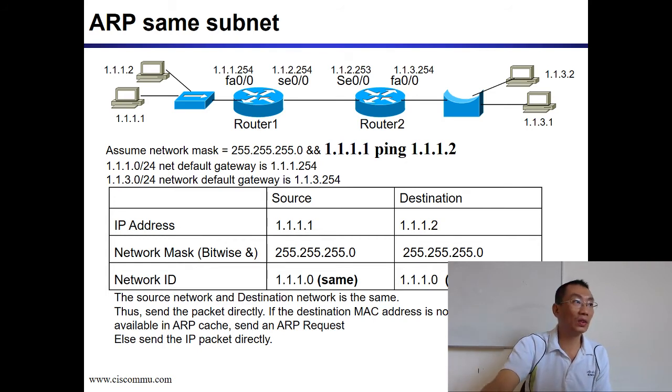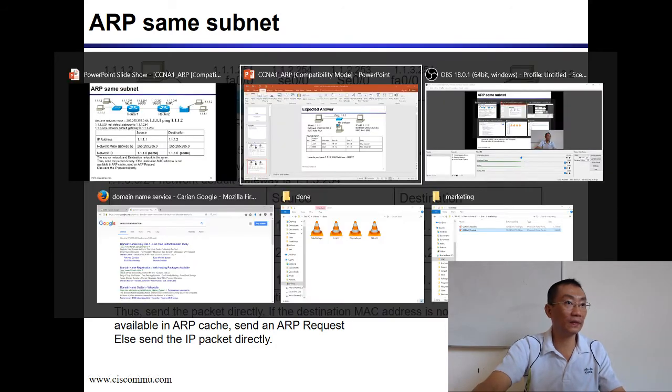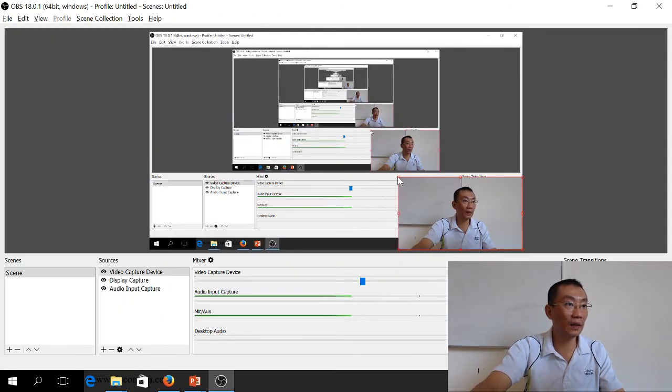First, let's say 1.1.1.1 wants to ping 1.1.1.2. So it goes like this.